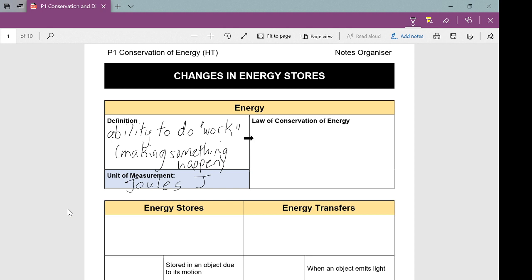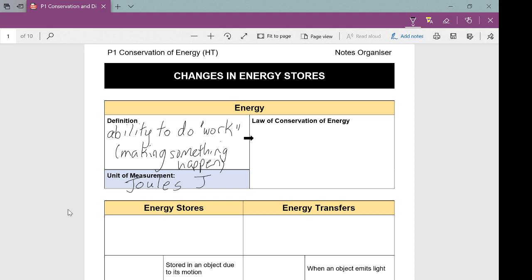If you don't have any chemical energy in your batteries, your torch won't work. If you don't have energy going through your hob, you're not going to be able to cook anything. You need to have energy come from somewhere in order to make something happen. And this is where the law of conservation of energy comes from.